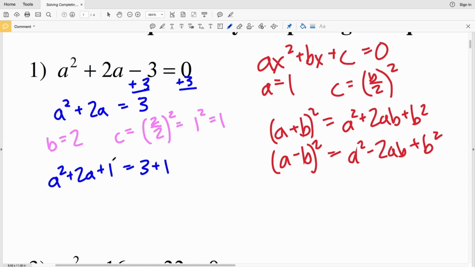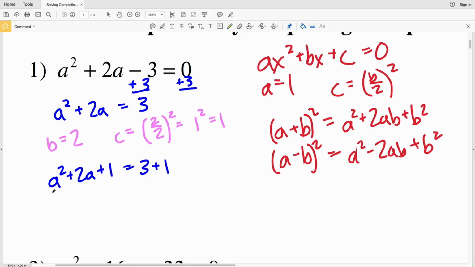So when I added that c value of 1 in, a squared plus 2a plus 1, I also needed to take it away. So I also subtracted 1, and that was equal to 3. Then, if I was to add 1 to both sides, you can see that's where I'll get my 3 plus 1. So adding c, whatever I do to the left, I need to do to the right, does not change the value of the equation.